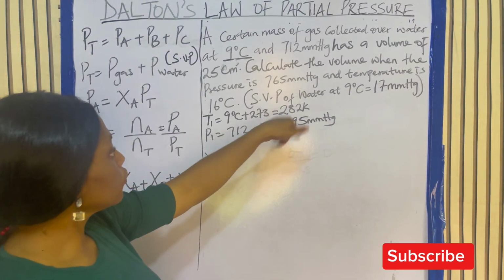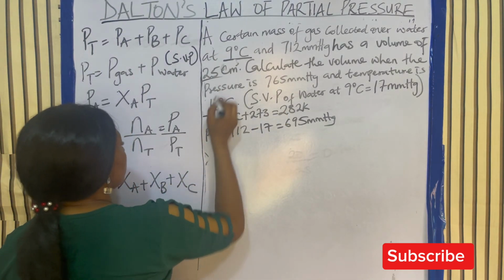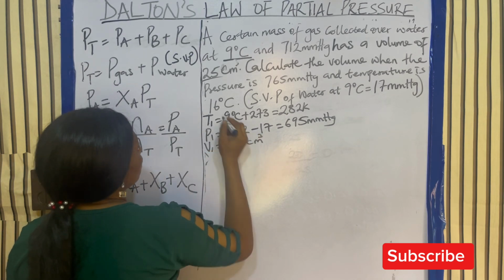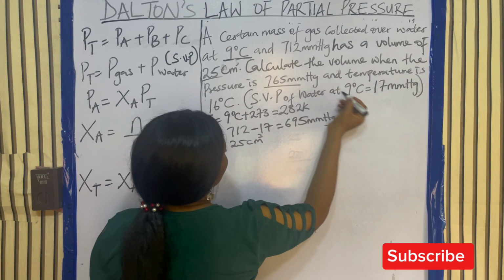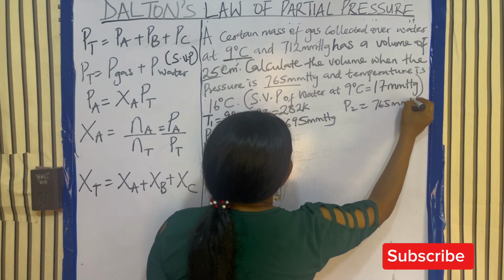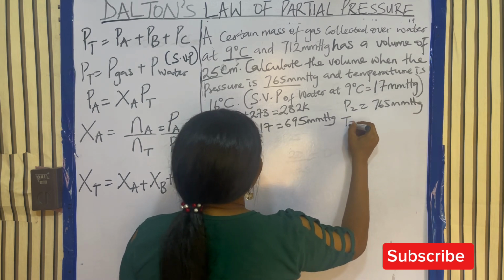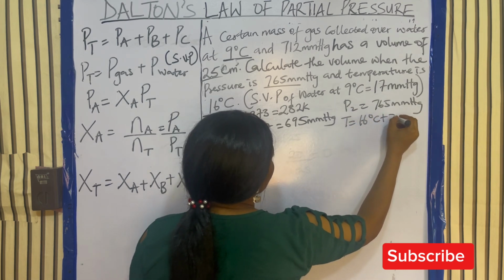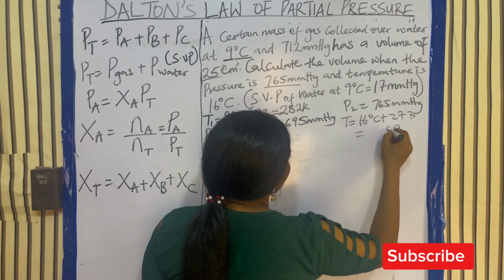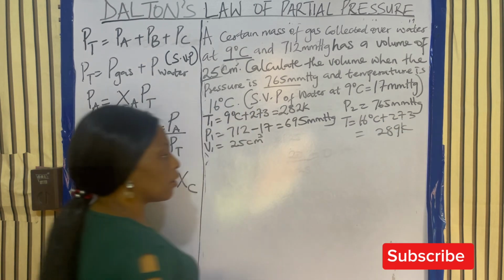Then what is the next thing? V1 is 25 cm cubed. Then you also have P2, 765 millimeter mercury. And then temperature is 16 degrees Celsius. Add 273 to it, and that gives 289 Kelvin.